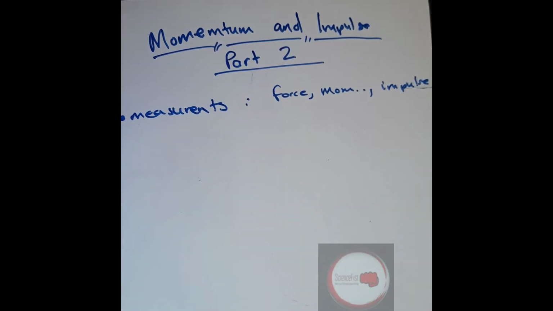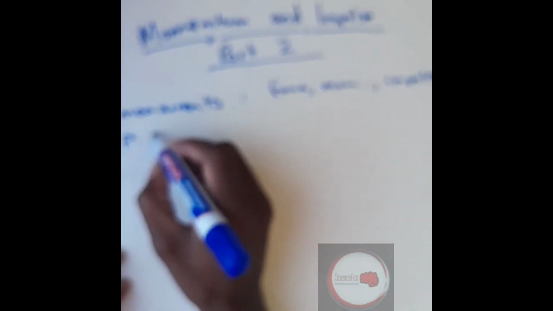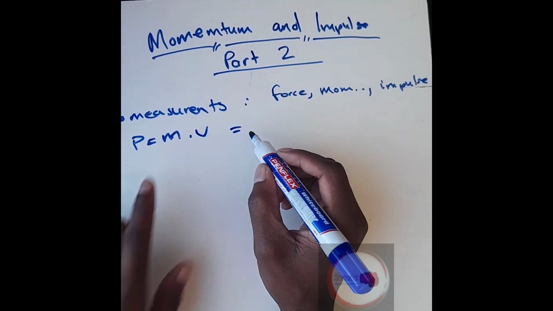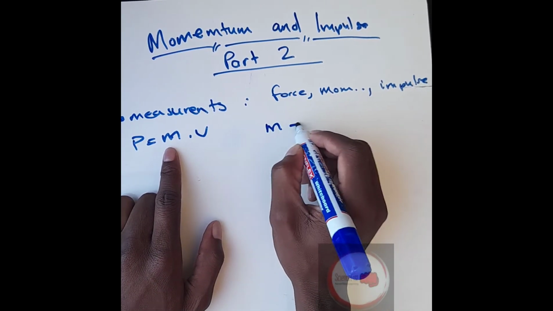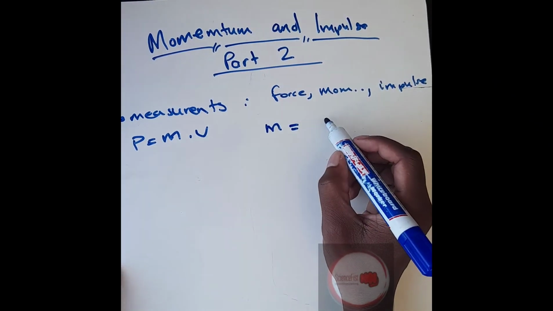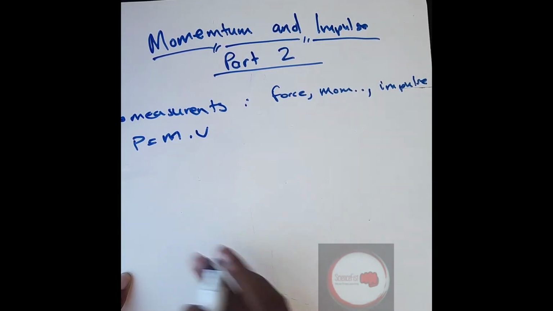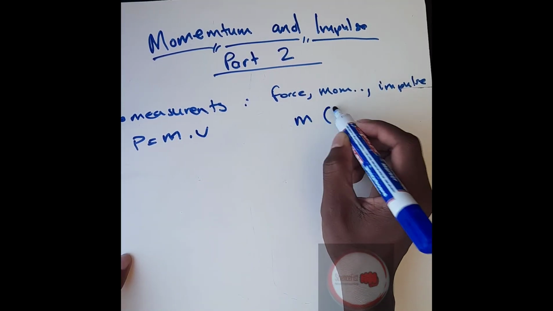The measurements that I want to focus on: we know that momentum is equal to m times v, with the mass being measured in kgs.